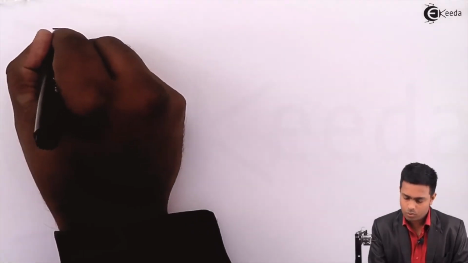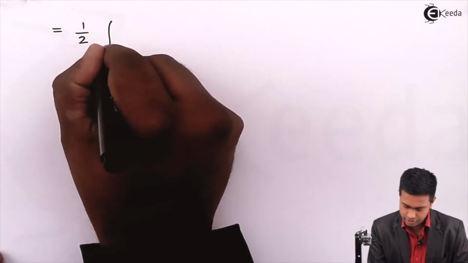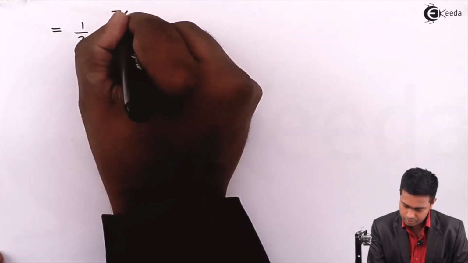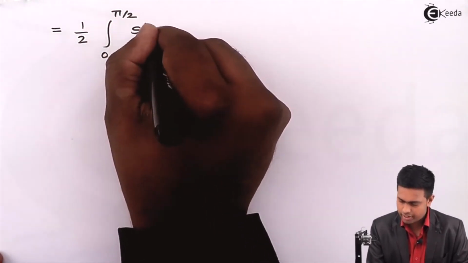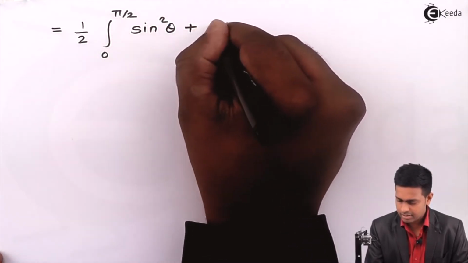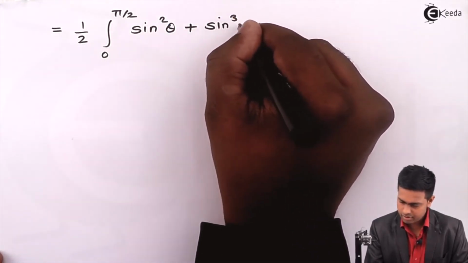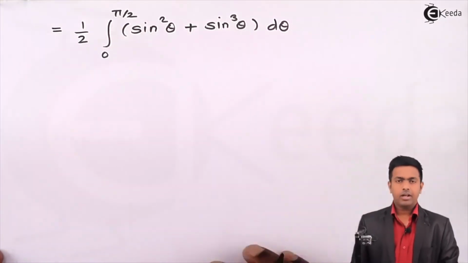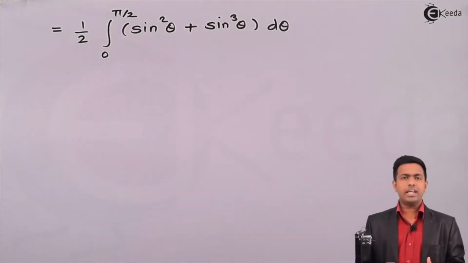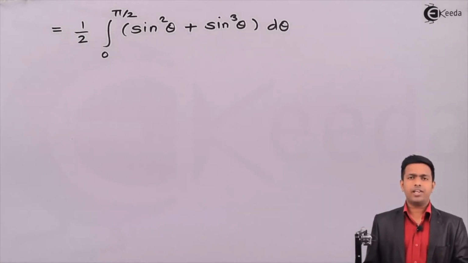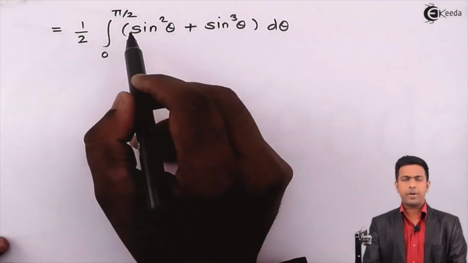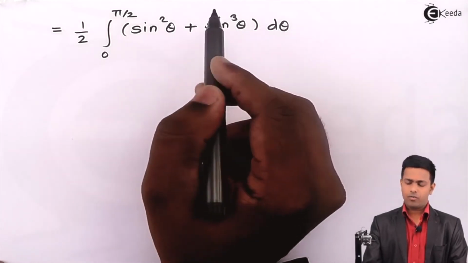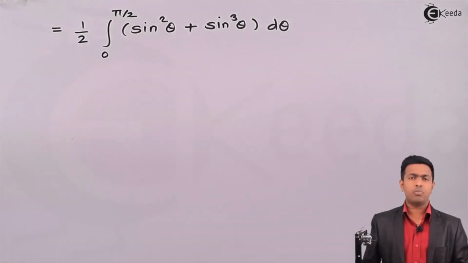It is equal to 1 by 2 integration from 0 to pi by 2 sine square theta plus sine cube theta into d theta. Now to get the value of the integration by the definition of beta function, we will separate the integration or will apply the integration separately to both the terms.